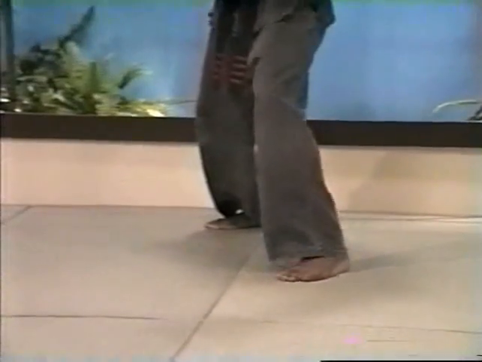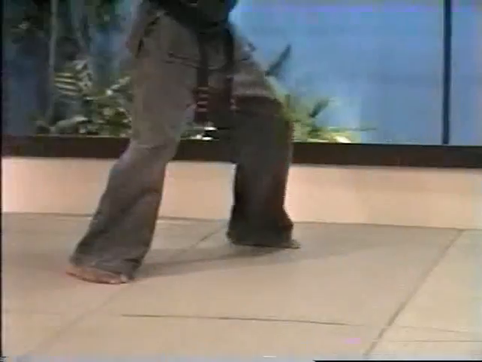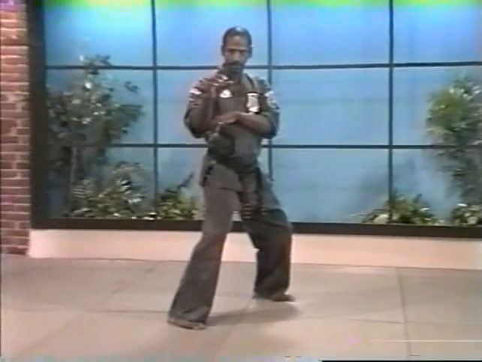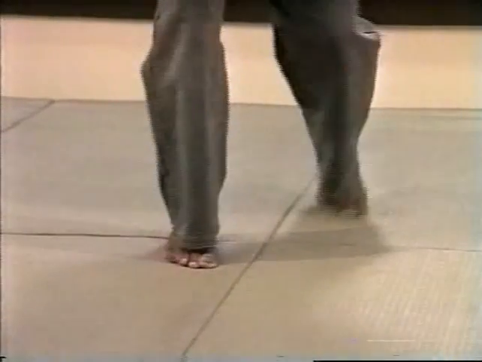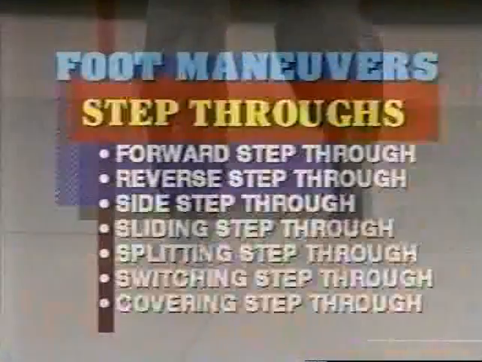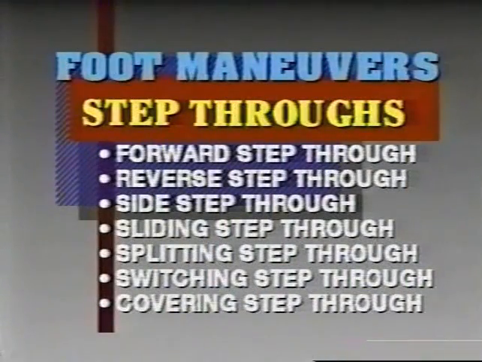However, they can also employ such methods as sliding, splitting, switching, and covering in completing the step. These steps can be full, half, or quarter steps, depending upon the desired effect. The following illustrations and descriptions should help clarify each of the methods used for step-throughs.